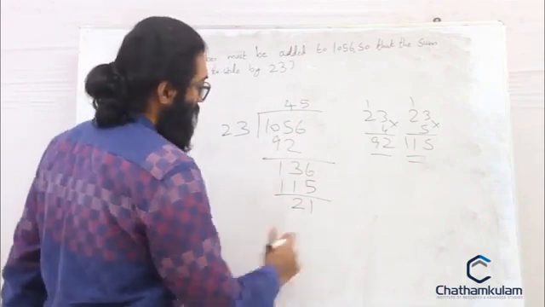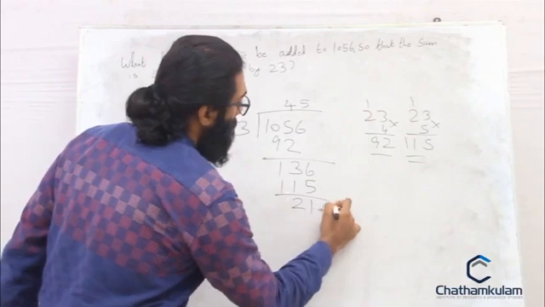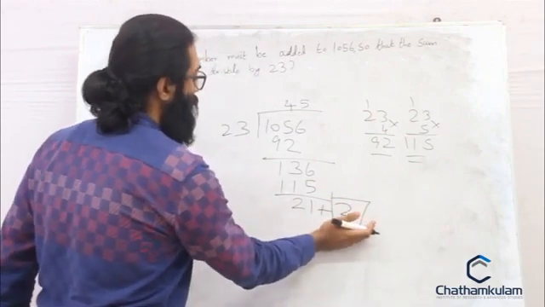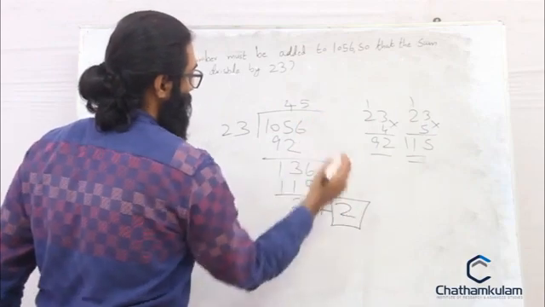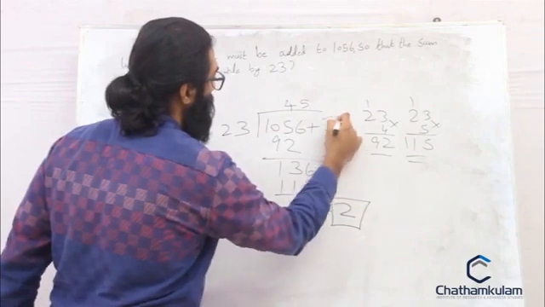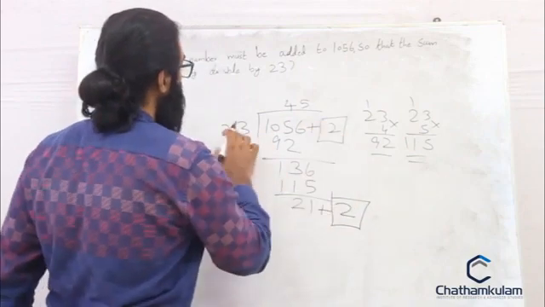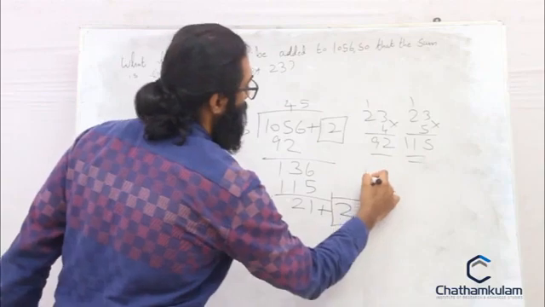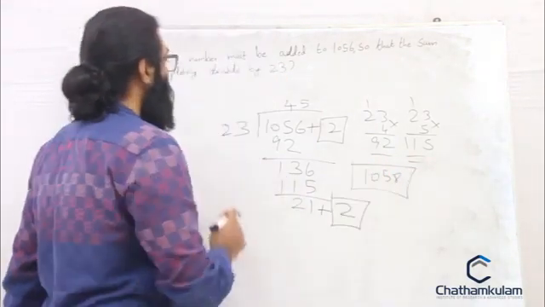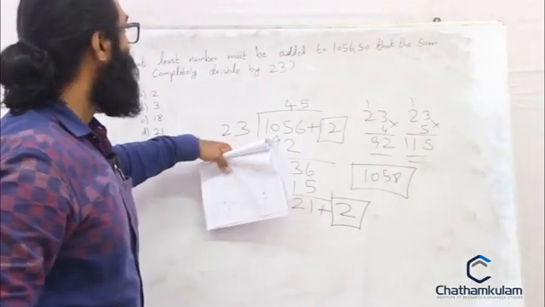That number would be plus 2. When we add 2 to this number, we get 1058, which is the number that would be completely divisible by 23.